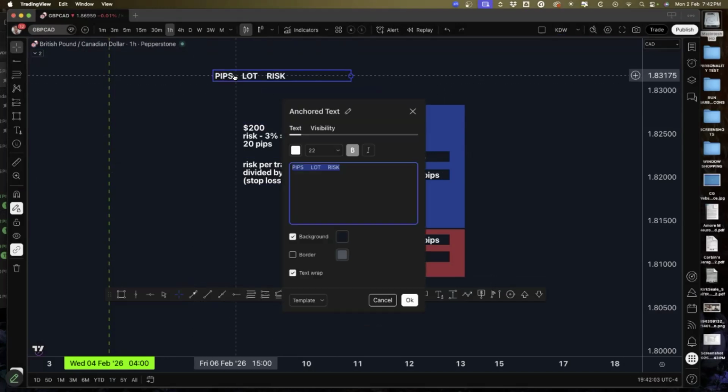When we got 1.00, which is a standard. We got a 0.10, which is a mini, and then 0.01, which is a micro.